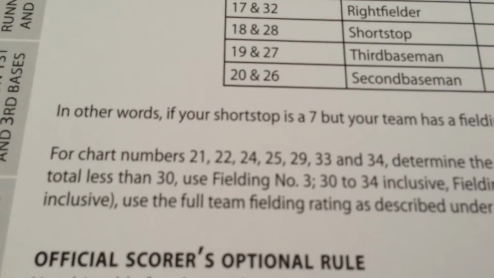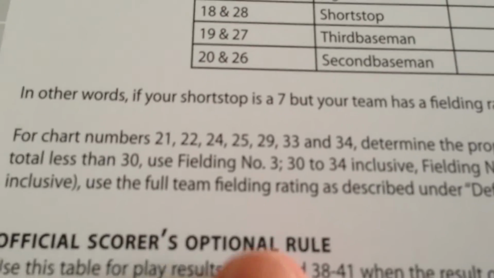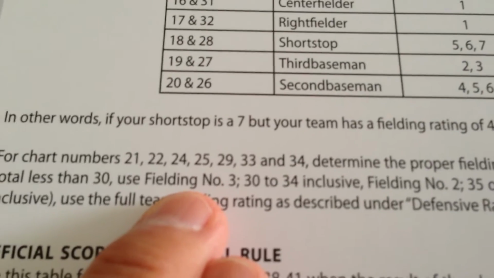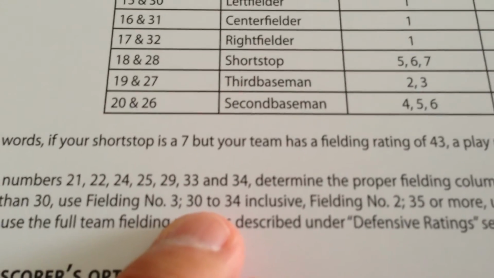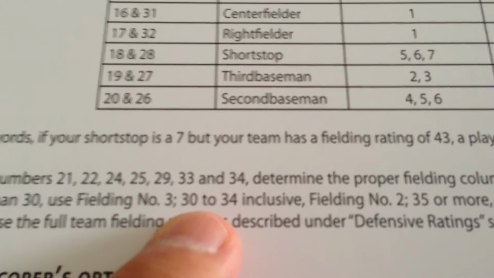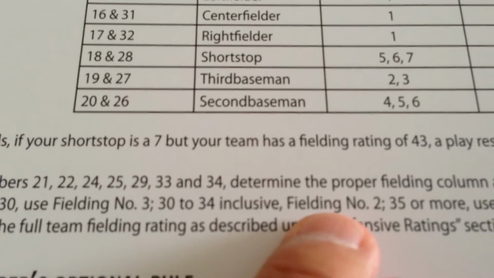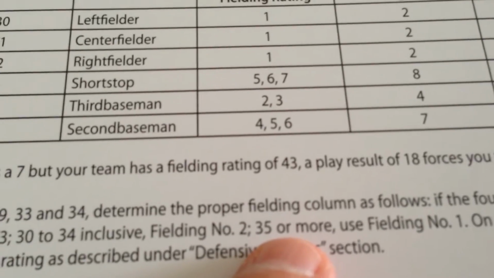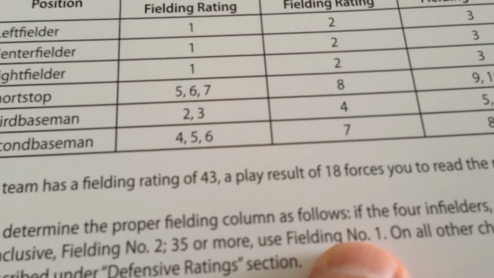And if they total less than 30, then when you have one of these result numbers, you use fielding column 3. If the total of those 6 players is 30 to 34, then you use fielding column 2 for these number results, and anything 35 or greater, use fielding 1.